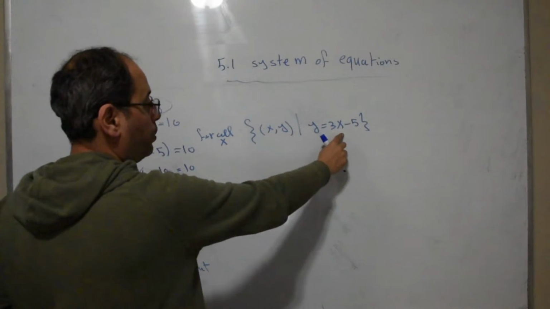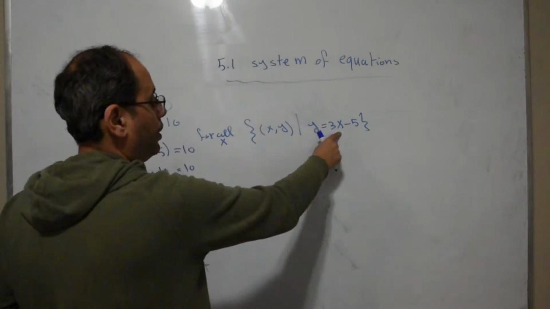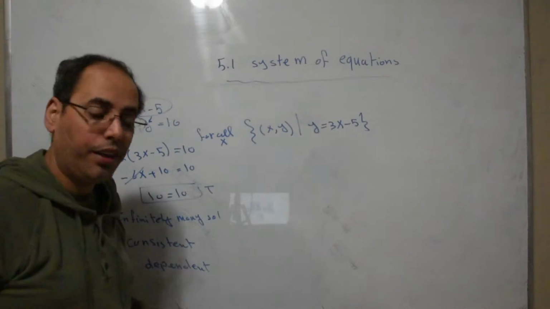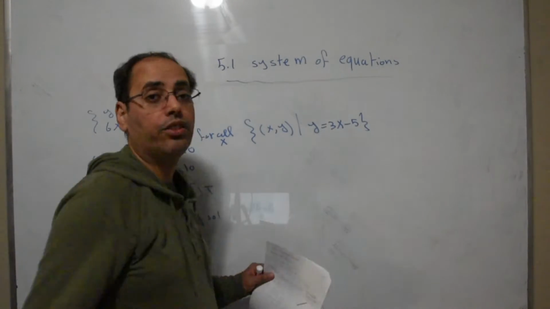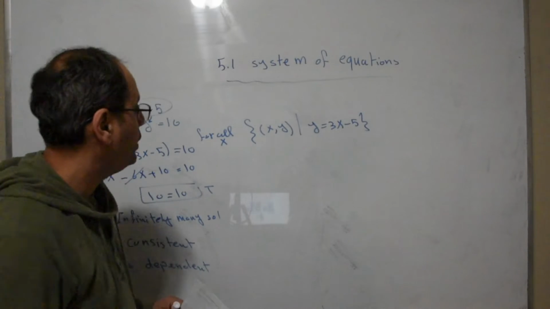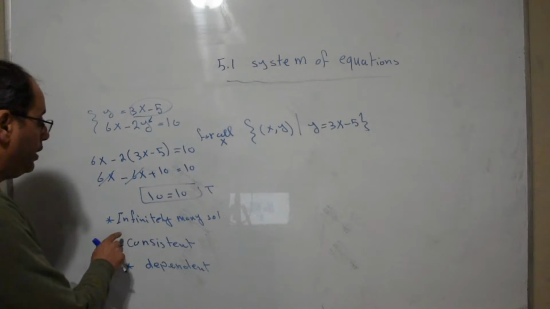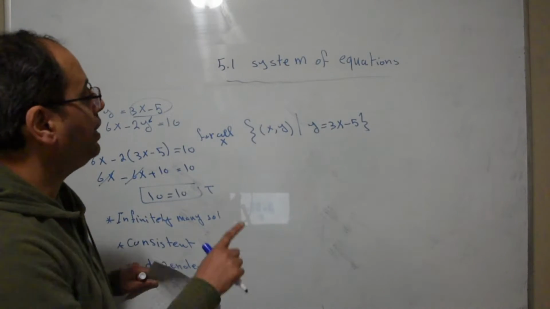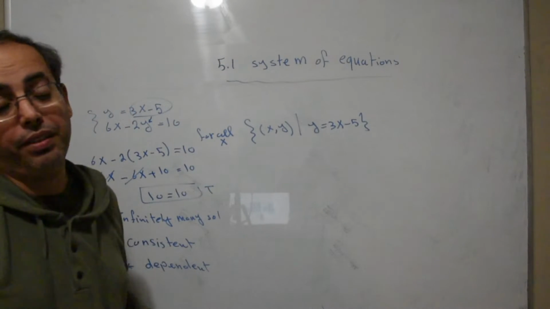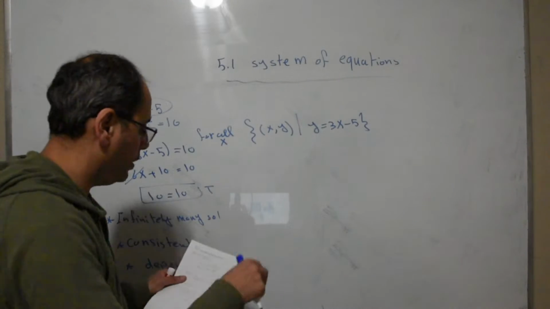So if x is 0, then y is negative 5. If x is 1, 3 minus 5 is negative 2. So for all x, y equals 3x minus 5. Is that clear? Well, the system has infinitely many solutions, the system is consistent, and x and y are dependent. Okay, let's get another example.